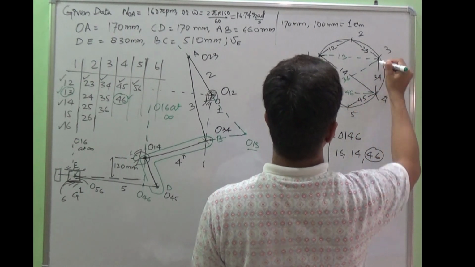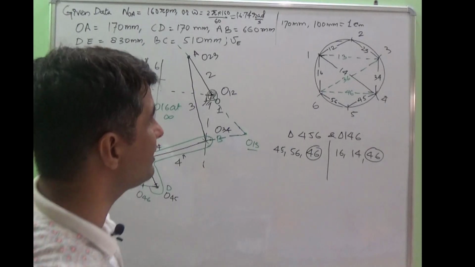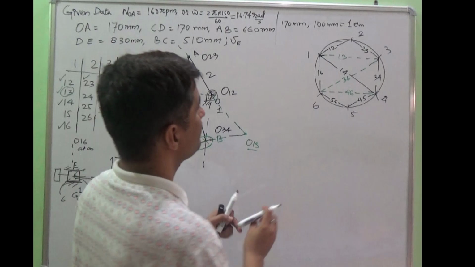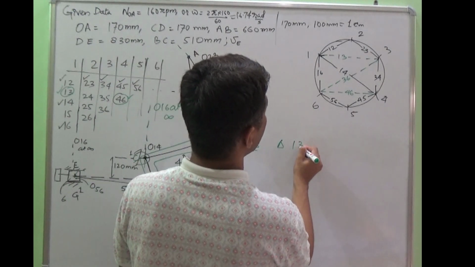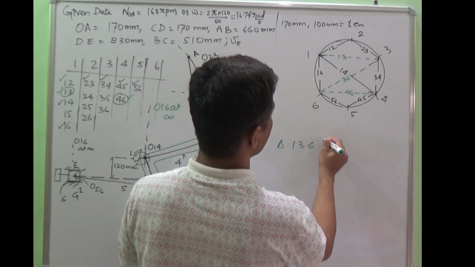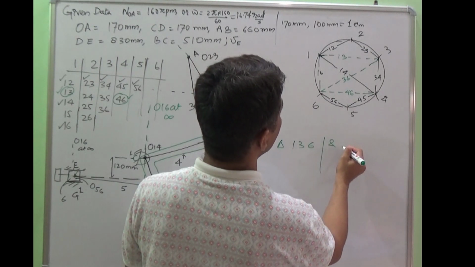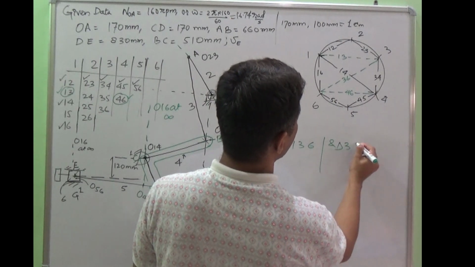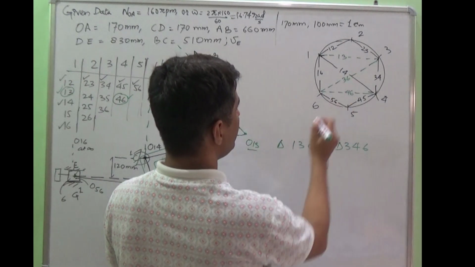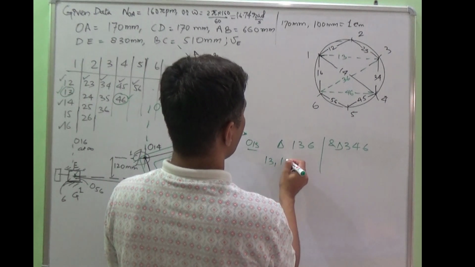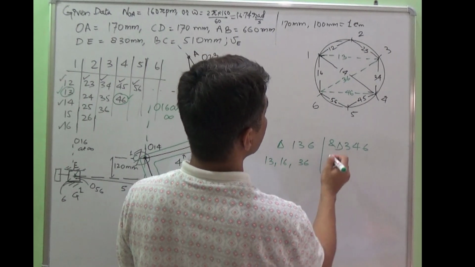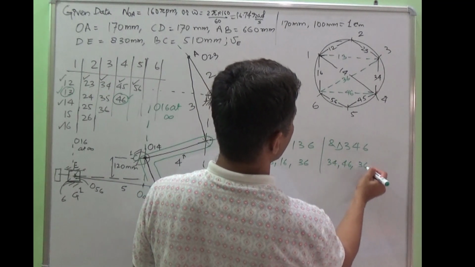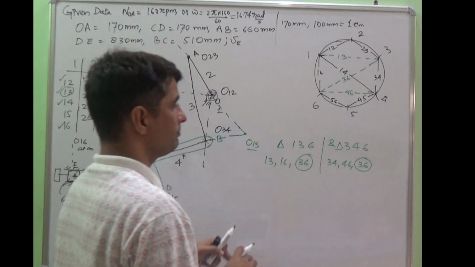Once I join 3 and 6, I can get two triangles: triangle 1,3,6 and triangle 3,4,6. In 1,3,6 you can find 1,3, 1,6 and 3,6. And in this you can see 3,4, 4,6 and 3,6. So 3,6 is common.